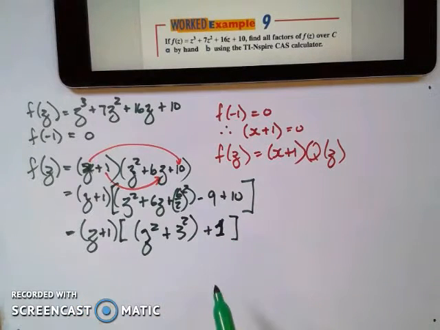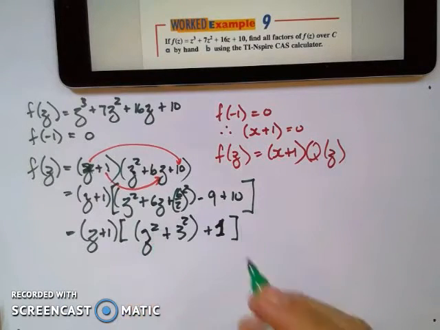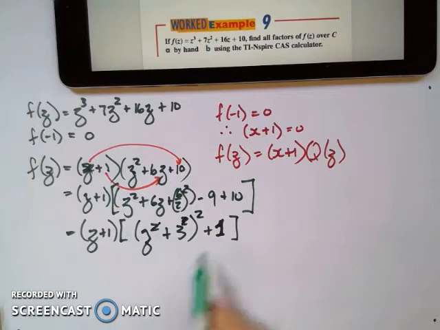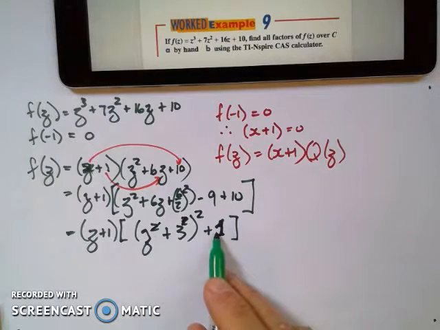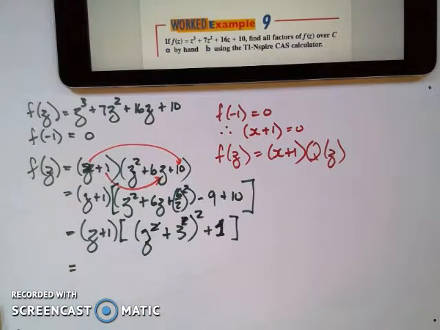This is not the difference of 2 squares. So I want it to be the difference of 2 squares, so I'm going to change the plus 1 to minus i squared.